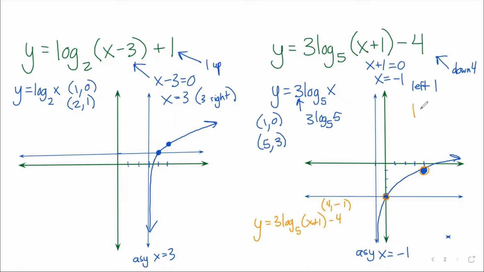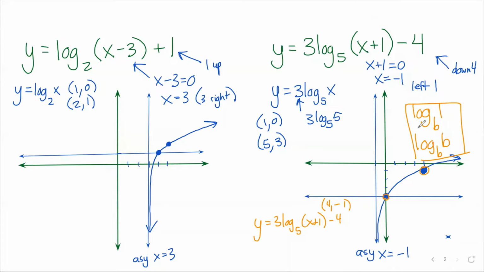Those are the two key points. Because if we put in any other number, like x equals 7, we have log base 5 of 8, that's some weird decimal that we can only do with a calculator, and it's just not helpful in terms of graphing these by hand.